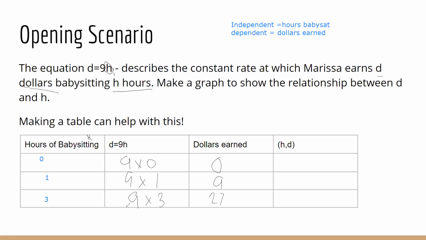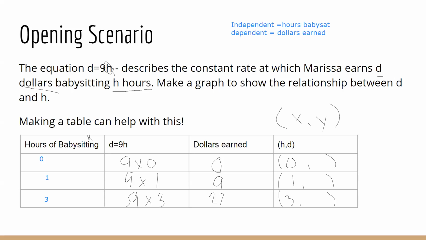Then my last column is going to be H, D. So when you're graphing, it's X, Y, but I just put H, D to show you what they are. So the X, in this case, the H, the first number is the one that you guys filled in. So it's the number that you're putting in the situation. So on this one, I have 0, then I have 1, then I have 3. Remember, when you are writing coordinates, you use your parentheses and then a comma to separate them, and the X always comes first.